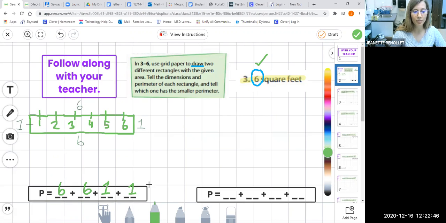And we will figure out the perimeter. If I add 6 plus 6, that's 12, 13, 14, I count on. The perimeter for this is 14 units. Whatever Mrs. Renee has, you should have on yours.